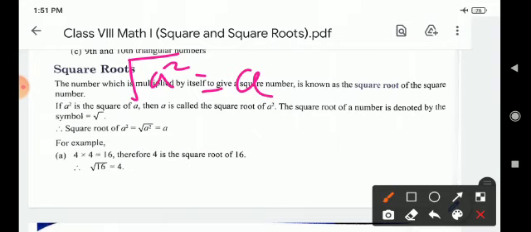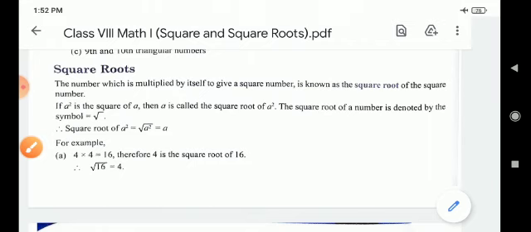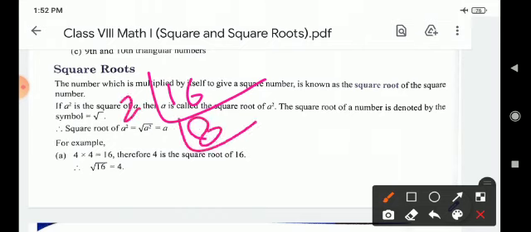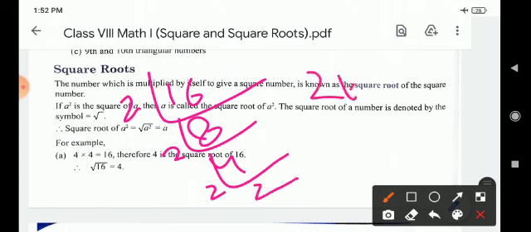Okay, 4 into 4 is 16. Therefore 4 is the square root of 16. The prime factorization of 16: 2 8s are 16, 2 4s are 8, 2 2s are 4. So 2 into 2 into 2 into 2.